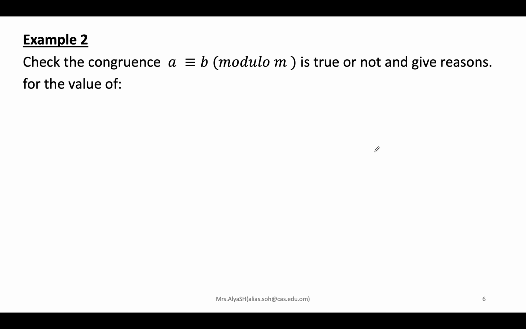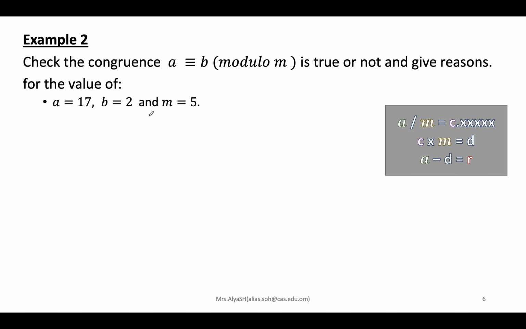All right. Now let's check whether the congruence of A and B modulo M is true or not, and we should give reasons. So in case we have A equals 17, B equals 2, and M equals 5, we will be again using the same steps just to make sure that you got it.